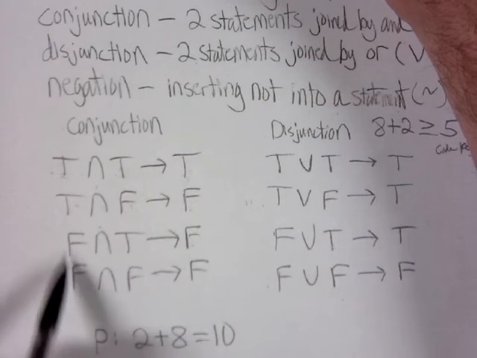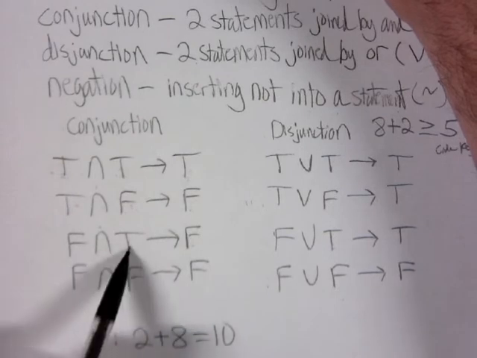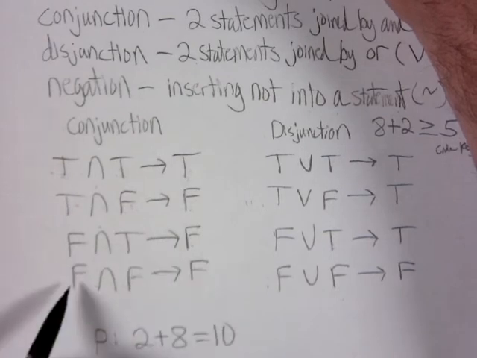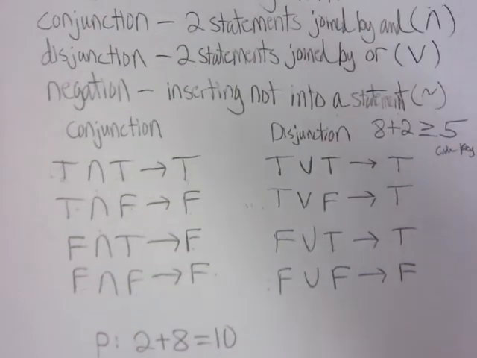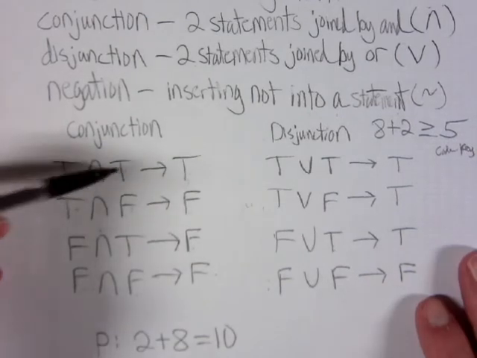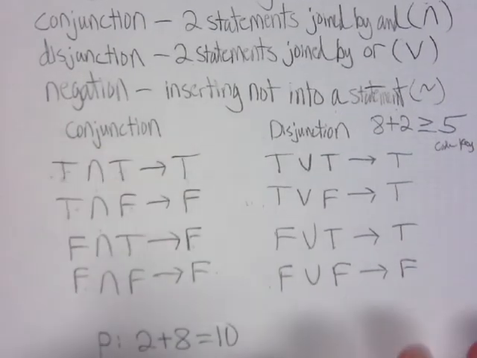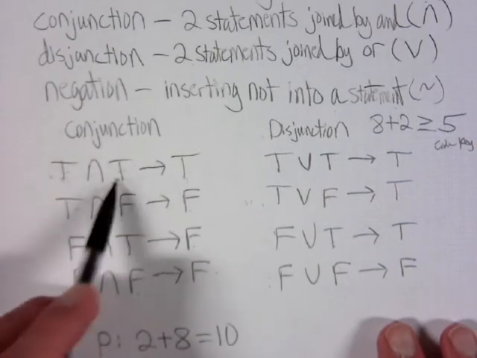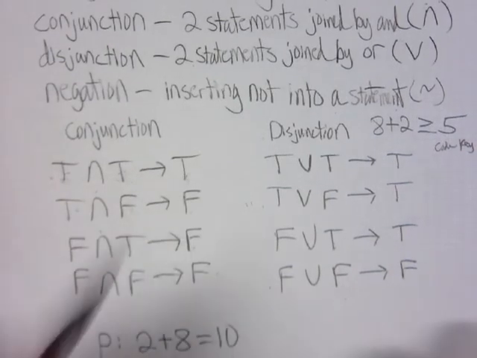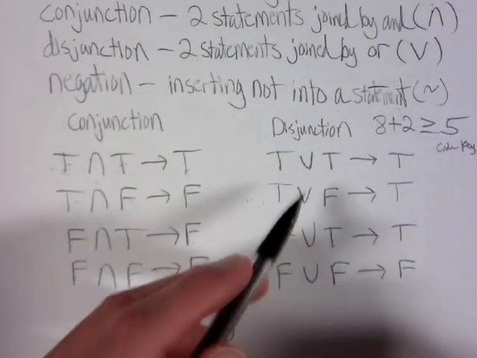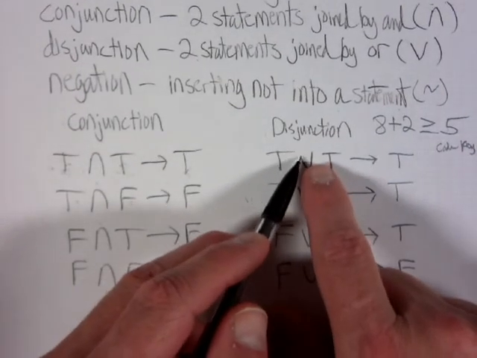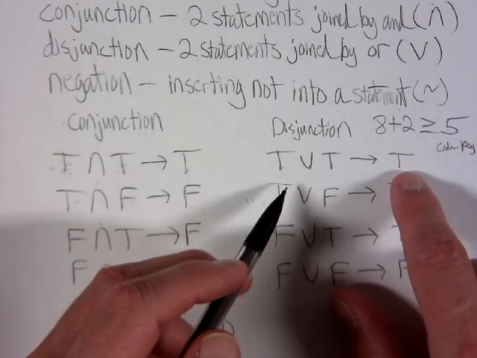So if the first part is false, the second part is true, the whole thing is false, and of course if both parts are false, then the whole thing is false. So the only way that a conjunction can be true is if both parts are true. And means that both parts have to be true for the whole compound statement to be true. Disjunction, same chart. If you have an or statement, if both parts are true, then the whole thing is true.